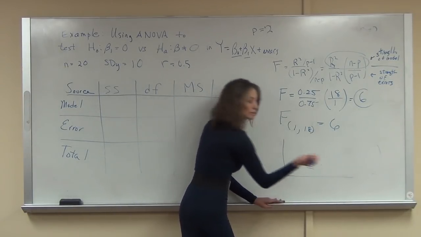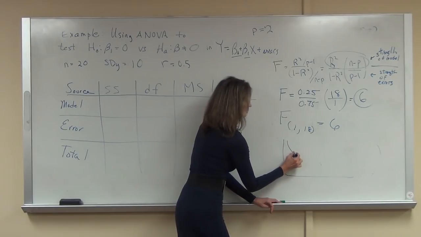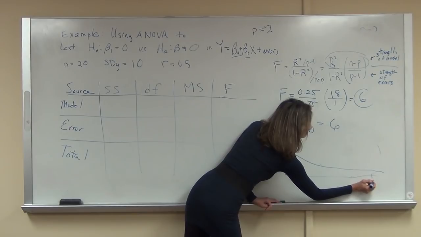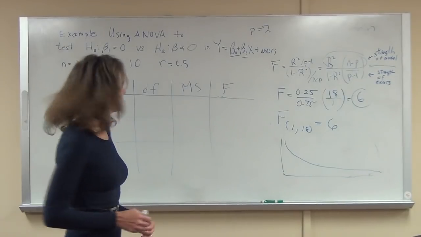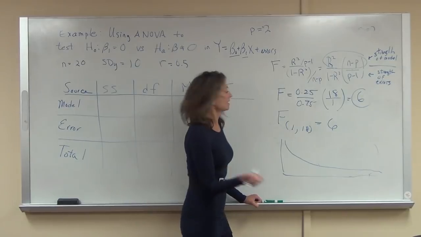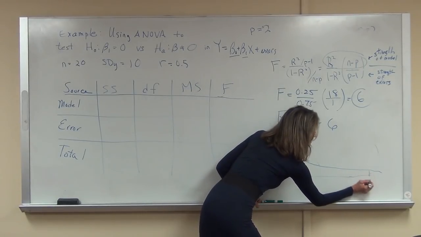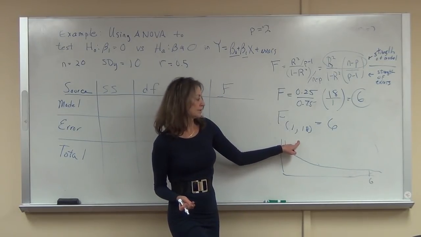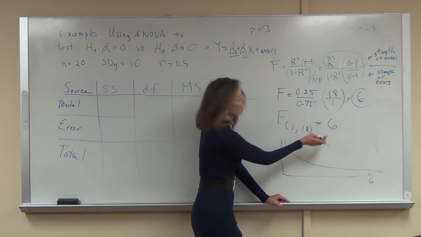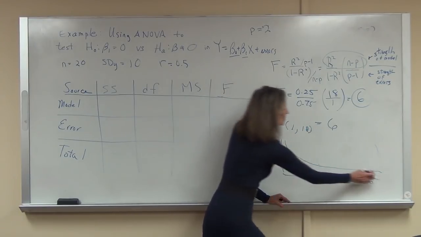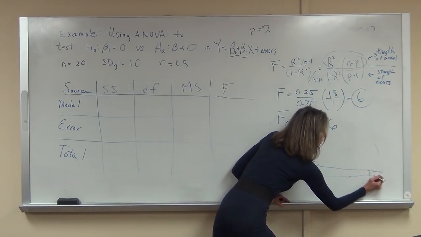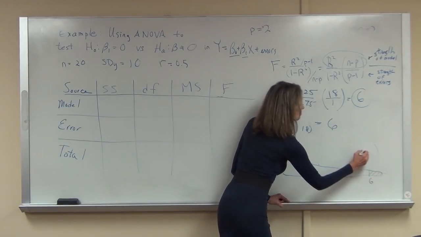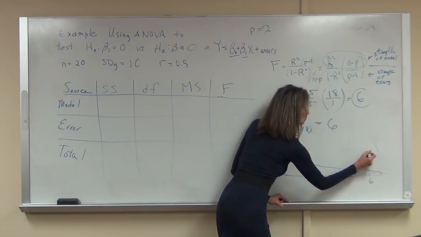It's going to look like it's just always positive, and we'll see how far out 6 is. Okay, so looking on an F table, I found that when the null is true, the probability of getting this big an F or even bigger is really small. This area here is only about, and that's our p-value.